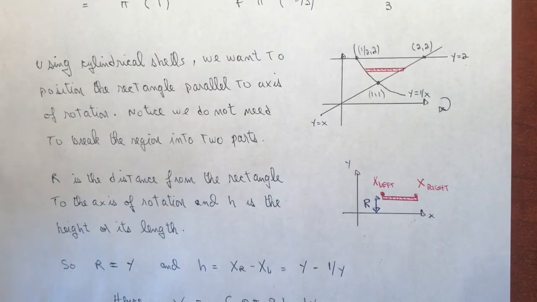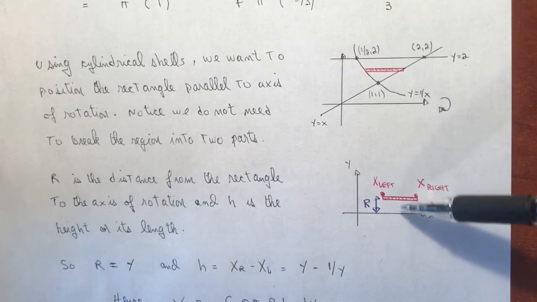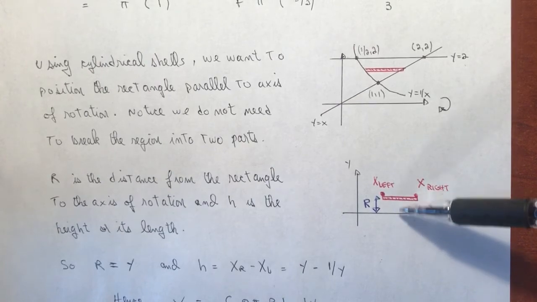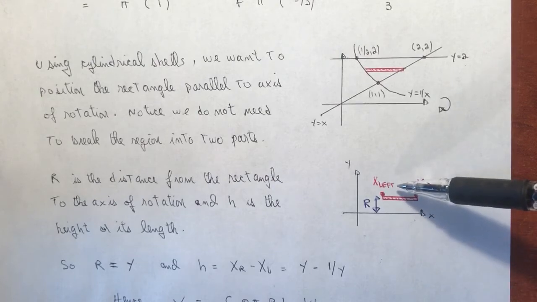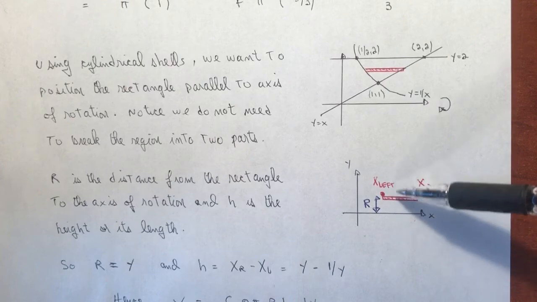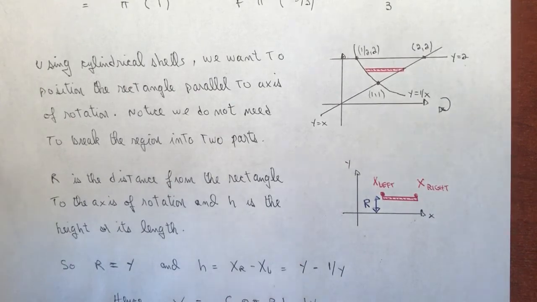So let's identify those quantities. Since big R is basically the distance from the x-axis to the rectangle, this is a displacement along the y-axis. We don't really know how high it is because the rectangle could move up, it could move lower. So what do we call a distance that is parallel to the y-axis? We call it simply y.